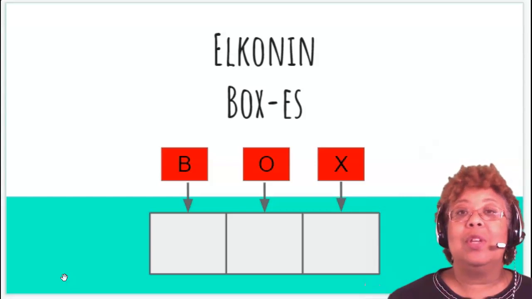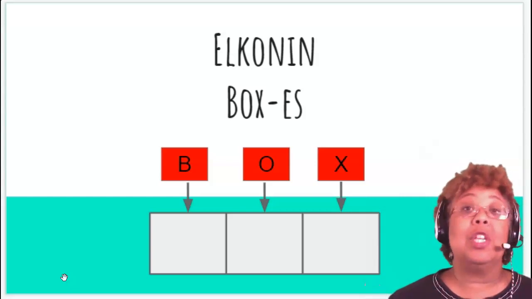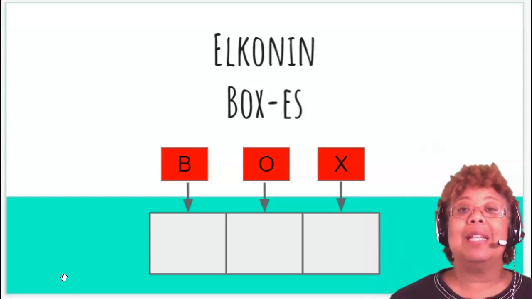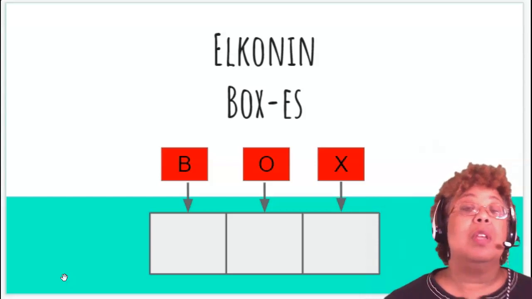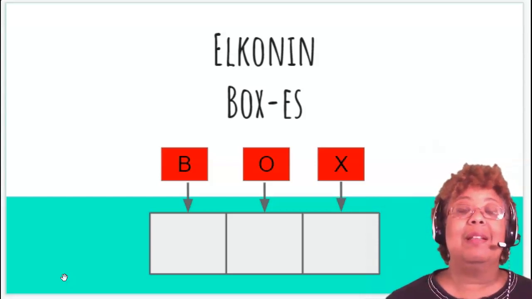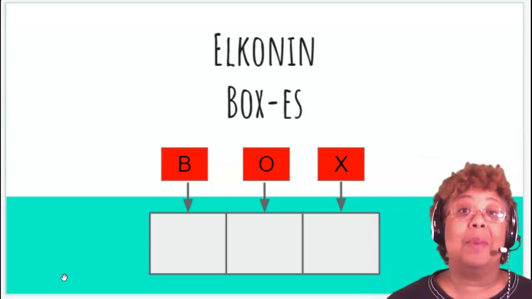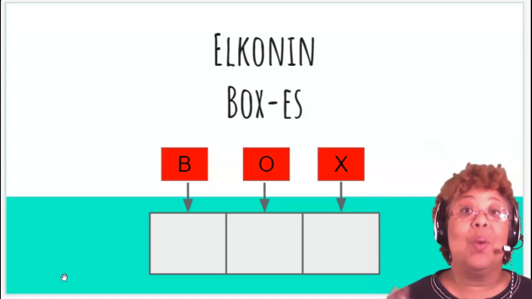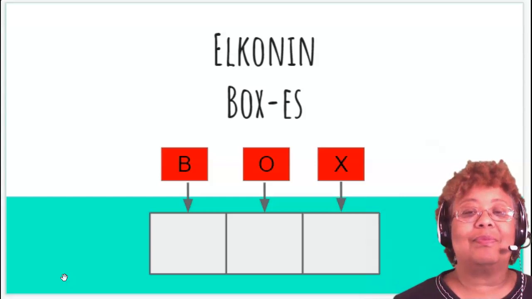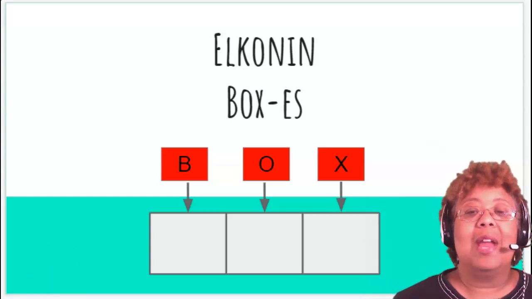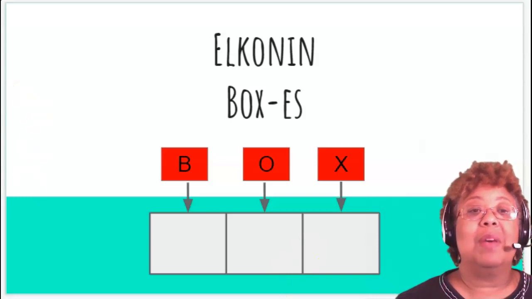So we can use a tool called Elkonin Boxes, or you might have seen this tool referred to as sound boxes. So let me show you what this is. These are Elkonin Boxes, and again, you could also call them sound boxes.